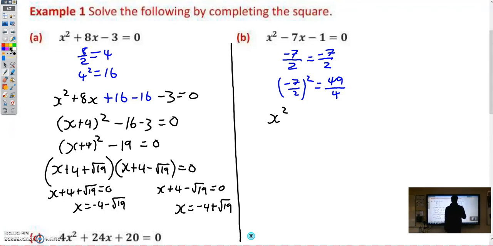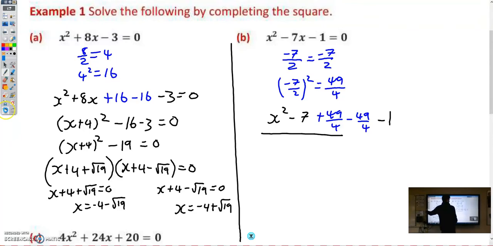So we get x squared minus 7x plus 49 on 4 minus 49 on 4 minus 1. This section here will become x minus 7 on 2 squared.